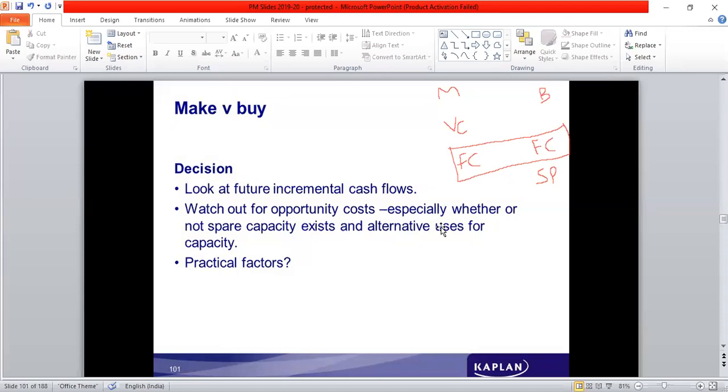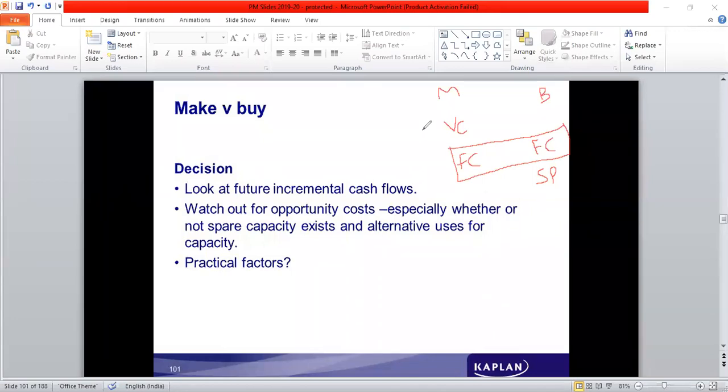So the relevance is about what is the variable cost and what is the supplier's price. Of course, there is some other adjustment also which is connected to this one. See, if they are not making on an advanced level, maybe we can illustrate here.